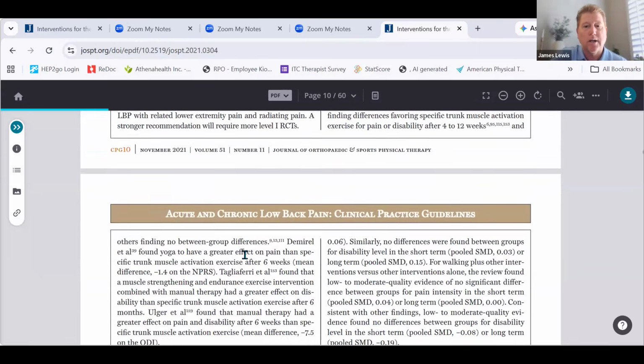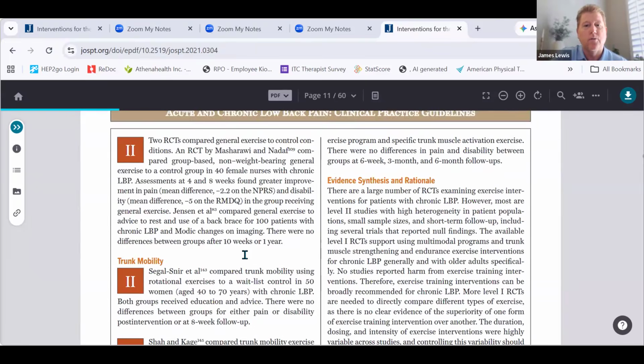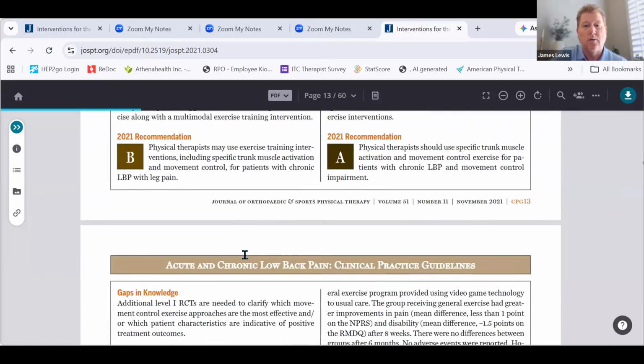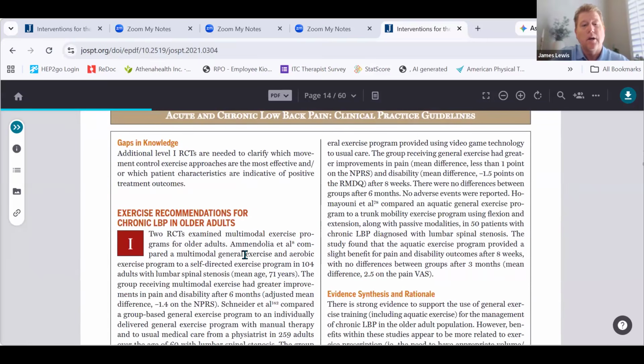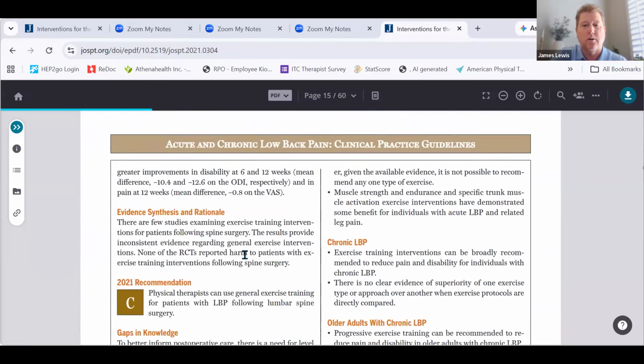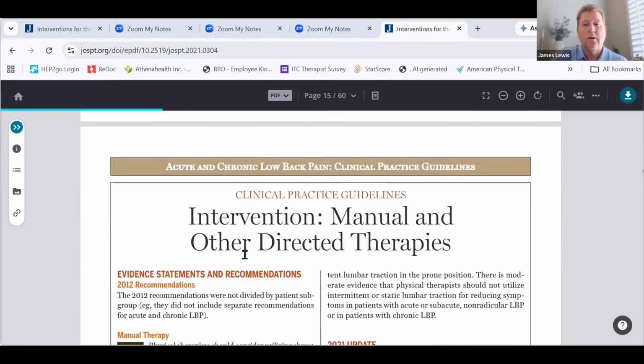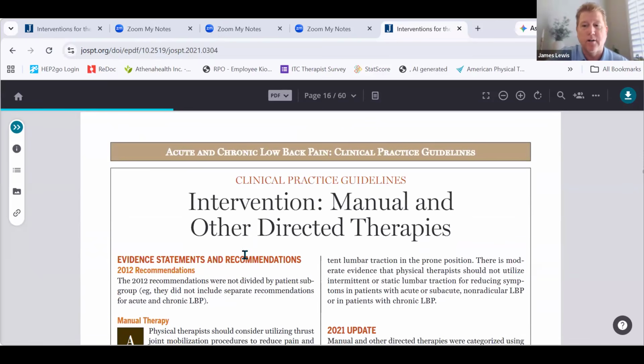If we go down to the next one and look for manual therapy, see, it takes exercise and it goes through kind of chronic pain. And so you've got to keep scrolling until you find what you're looking for. Manual therapy, other directed therapies.